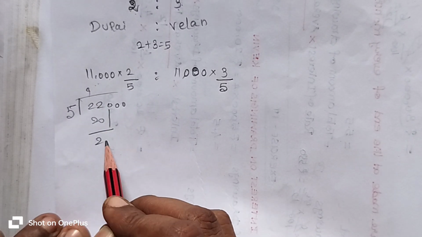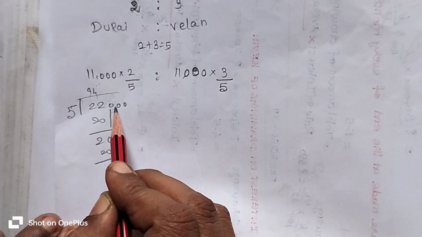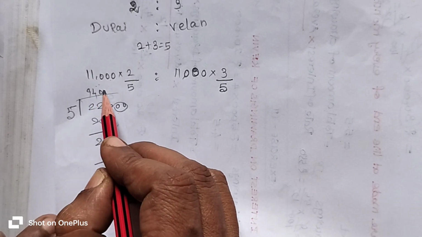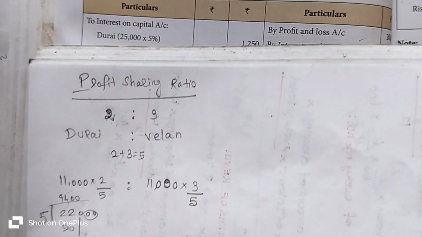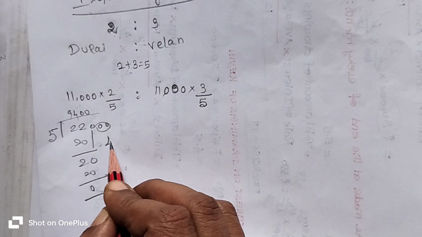This 0 is added here. 4 5s are 20, this 20 and 20 cancel, remaining 0. This 20 is added here. So as per the profit sharing ratio, Durai's share is 4,400 rupees.